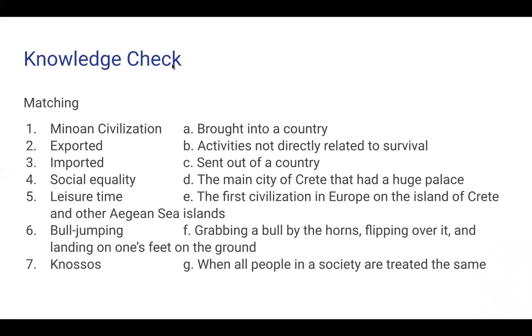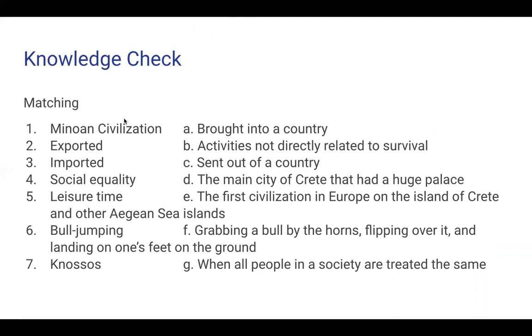So the following is a knowledge check. First, it's matching. The answers are: Minoan civilization is the first civilization in Europe on the island of Crete and other Aegean Sea islands. Exported is sent out of a country, while imported is brought into a country.